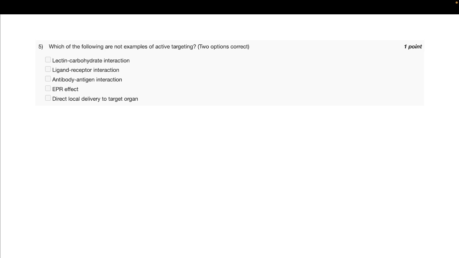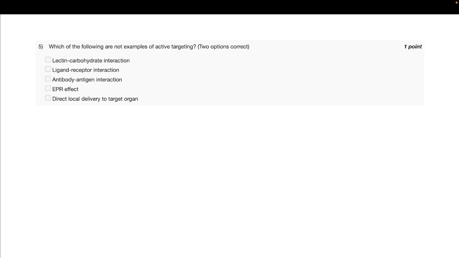The next is, which of the following are not examples of active targeting? And two correct options. Any volunteers? Option 4 and 5. Option 4 and 5 is EPR effect and direct local delivery to target organ. Okay. So essentially we are supposed to look at what can be the examples of passive targeting.